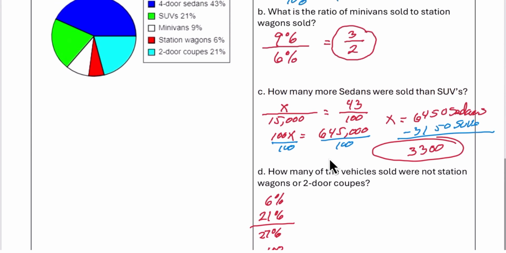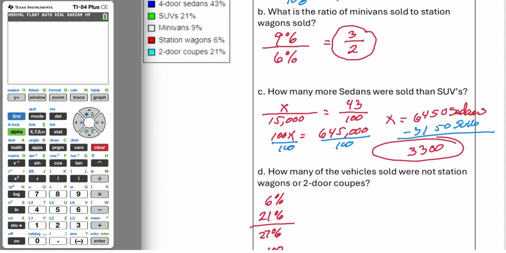An alternate way to find that would be to just add up the percentages that are not station wagons or two-door coupes. So sedans, 43, plus SUVs, 21, plus the minivans, 9.